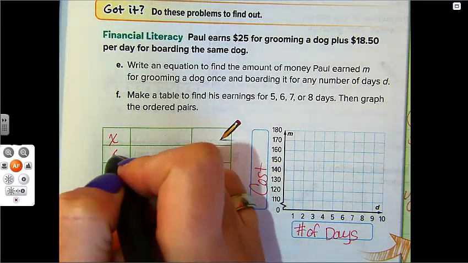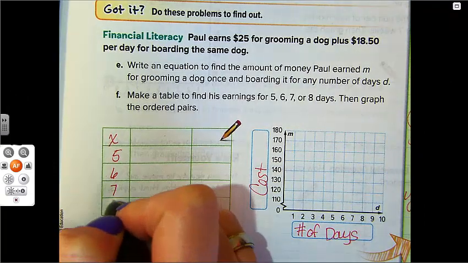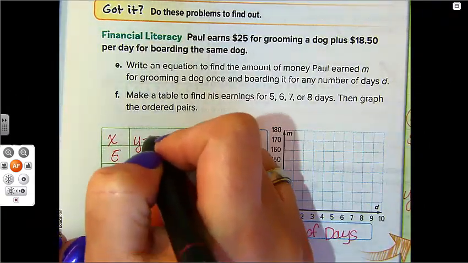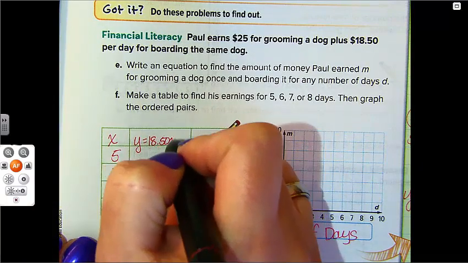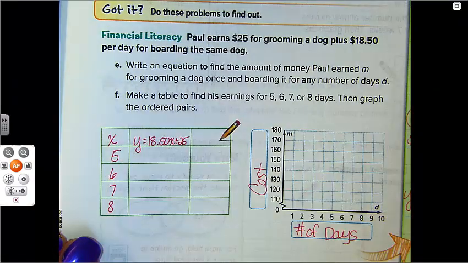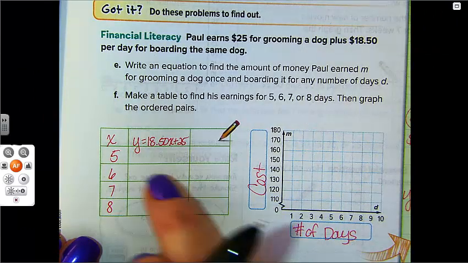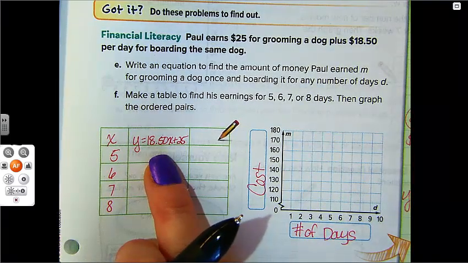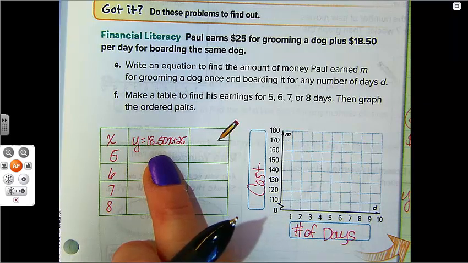And it wants 5, 6, 7, and 8 days. And here's my equation. Y equals 18.50X plus 25. And so I have to plug 5 into this equation. So take 18.50 times 5 plus 25.